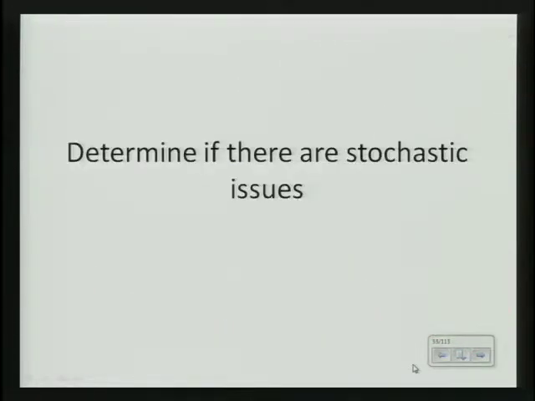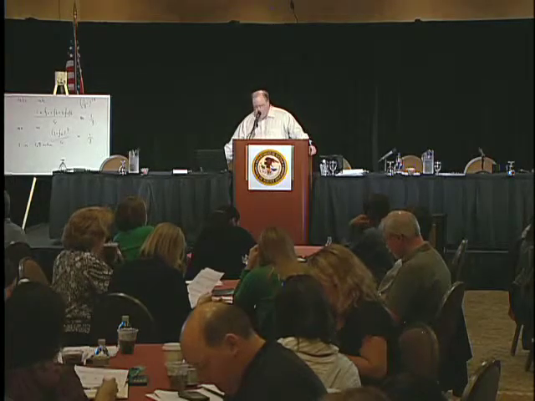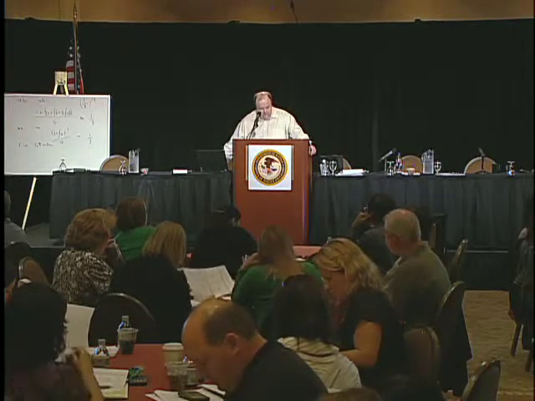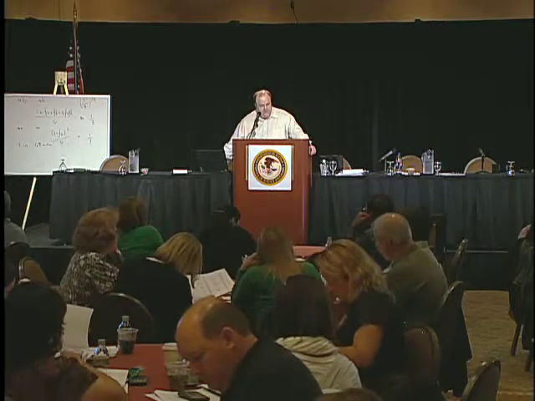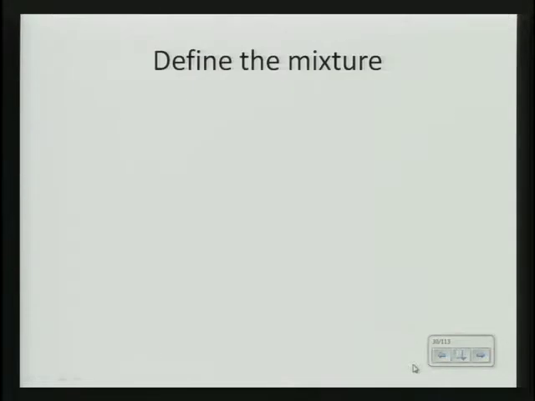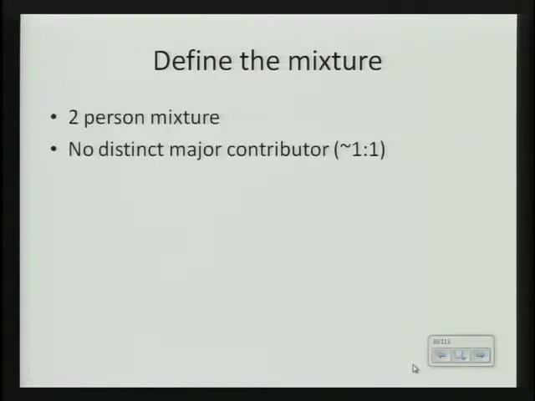Are there any stochastic issues? Well, no. Everything looks to be pretty well above the stochastic threshold. No real issues there. So this is pretty much a straightforward 2-person mixture. No distinct major contributor.